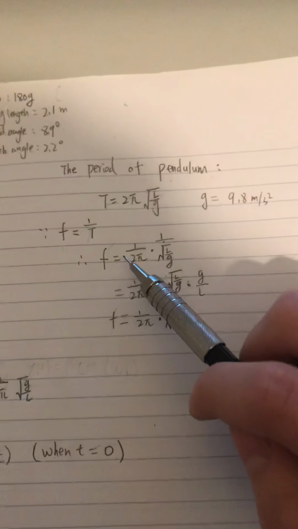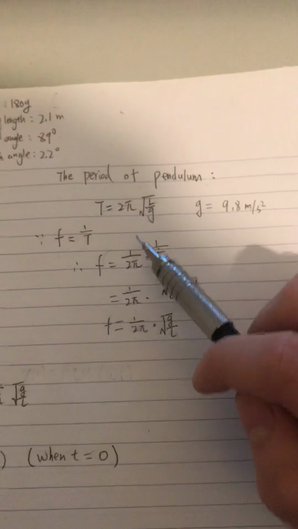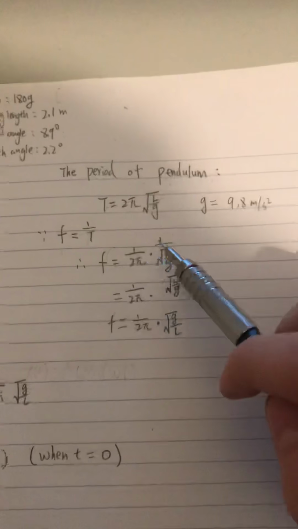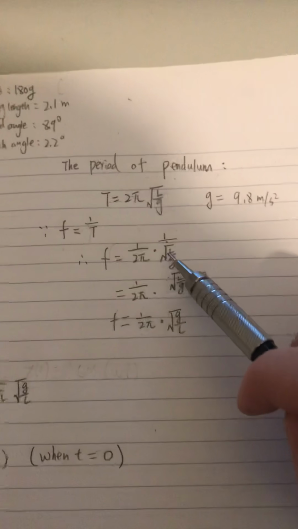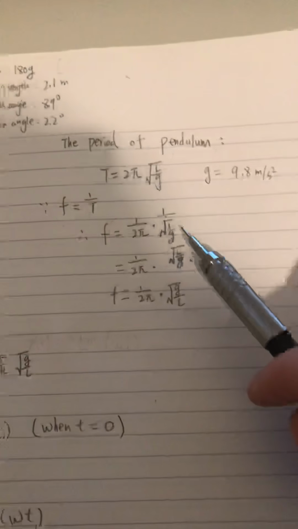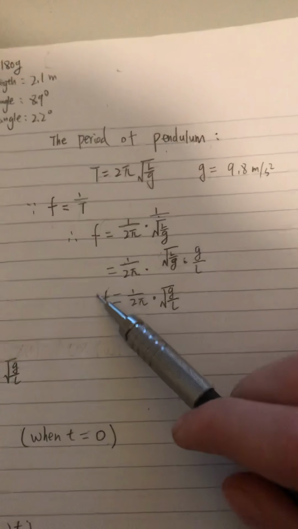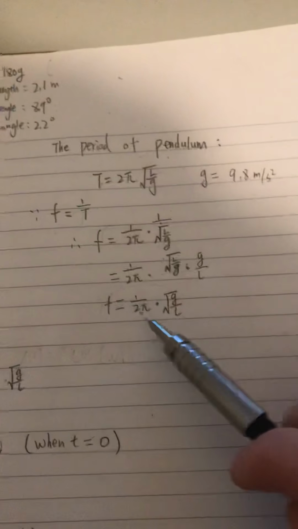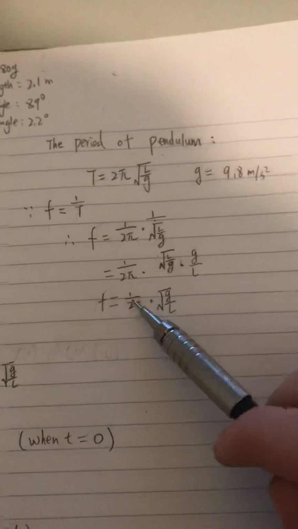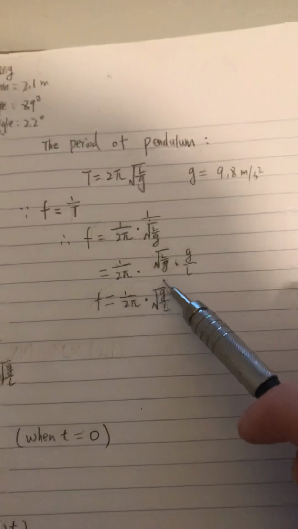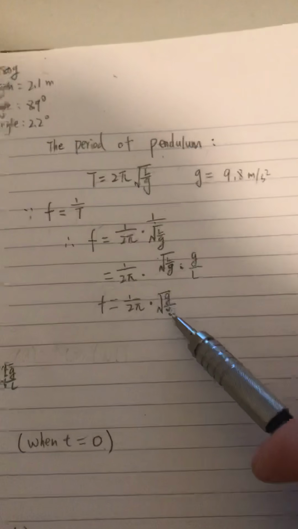So the frequency is equal to 1 over 2 pi times 1 over the square root of length over g. So we got the final equation here, which is frequency is equal to 1 over 2 pi times the square root of g over length.